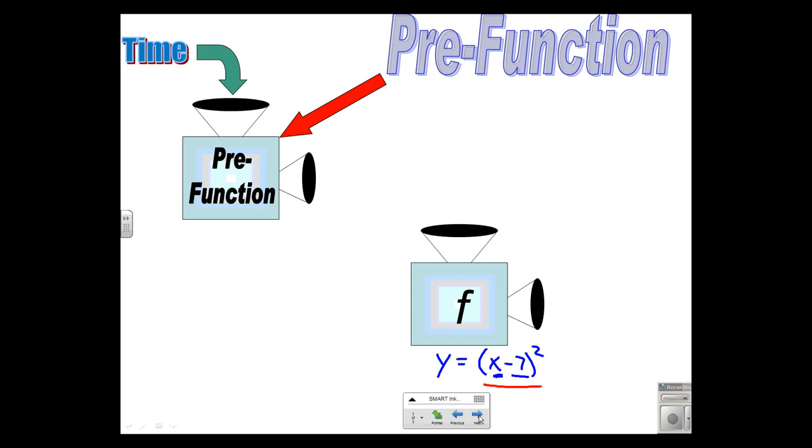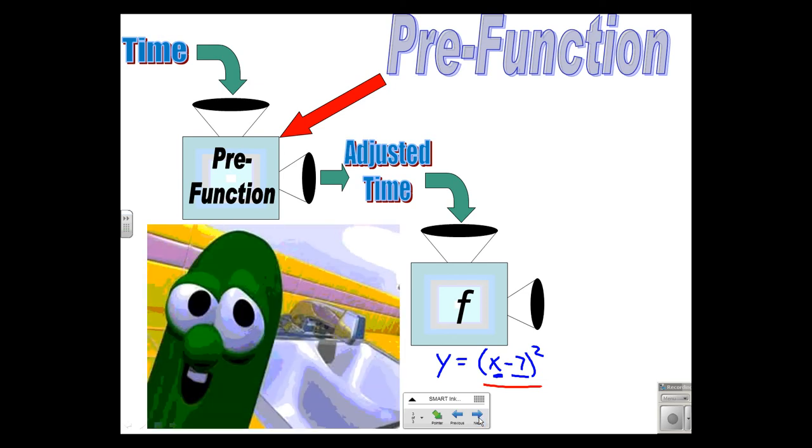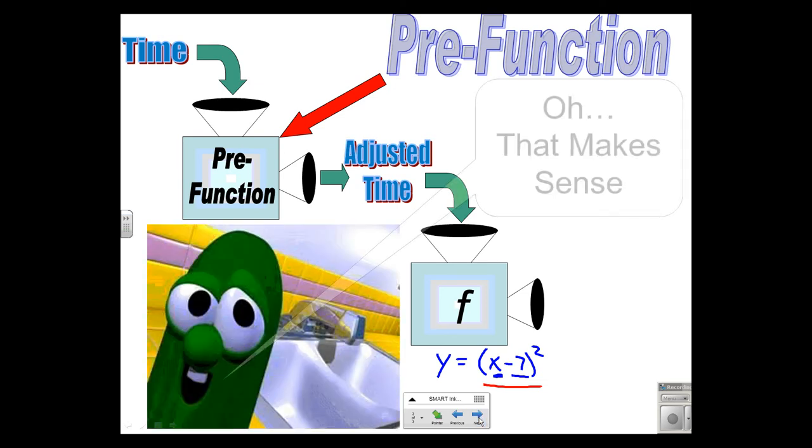Before we let our base function, f, do its thing, we subtract 7. Subtract 7 from what? We subtract 7 from the time, so we get an adjusted time. That's really important. I didn't turn that into a height by subtracting 7. The base function is going to turn that into a height for us.